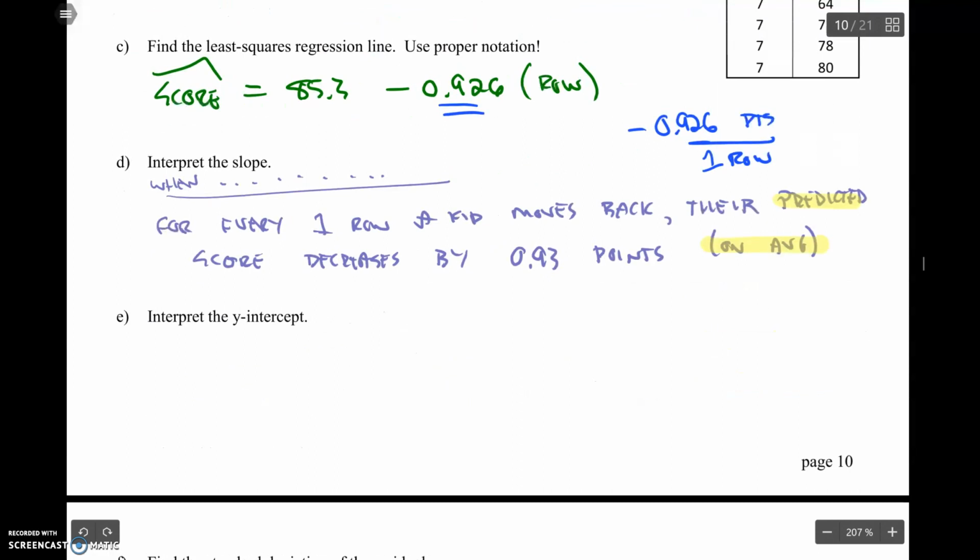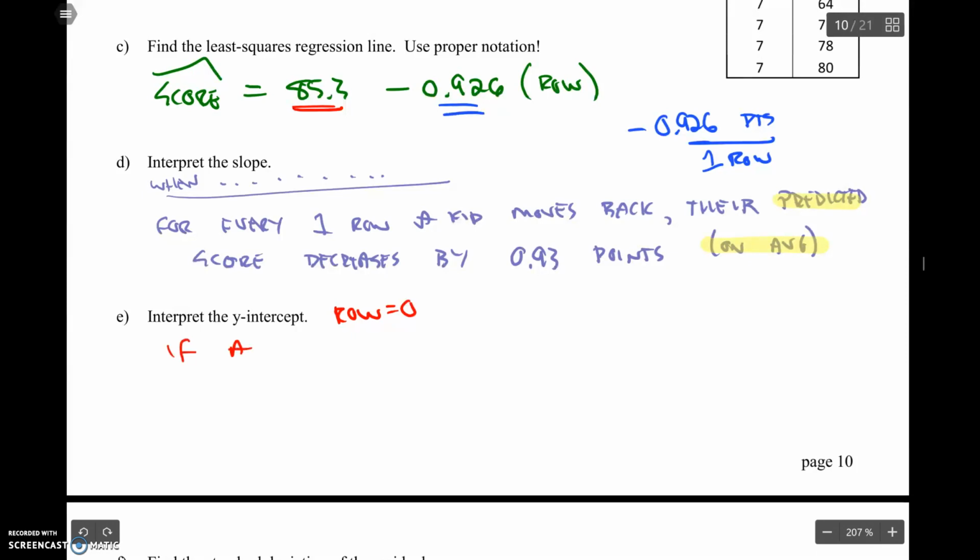Y-intercept. So this means if your row is 0, then your predicted score will be this. Row is 0, I guess that means you're sitting on top of the teacher or right up against the board or something, I don't know.